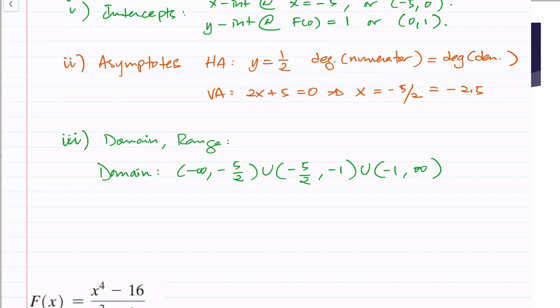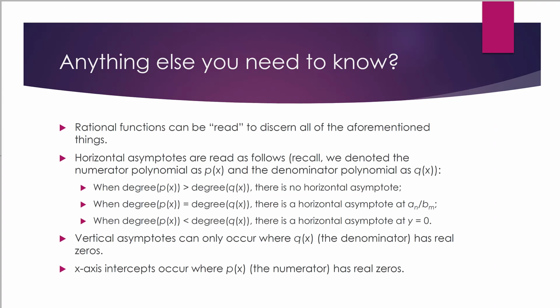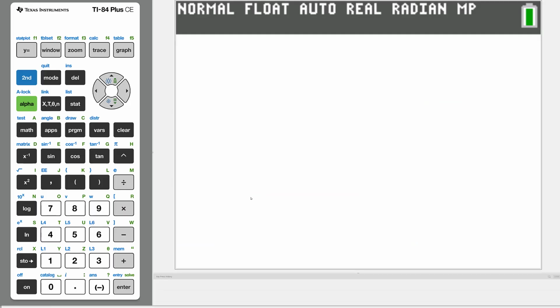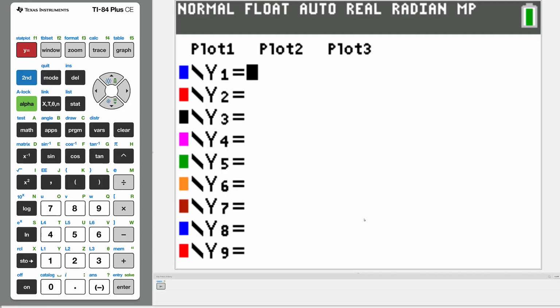Now the range, that one is tricky. You almost have to have the graph if you want to have an easy time talking about the range. And so let's graph it. We'll show you what we're talking about here. Now, just to showcase these two functions, let's put it in as it originally was given.